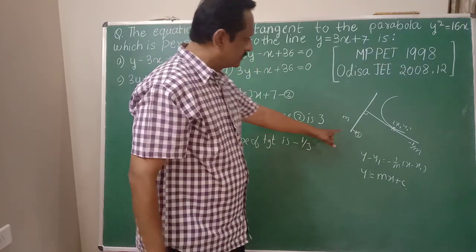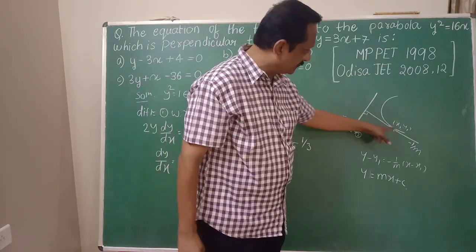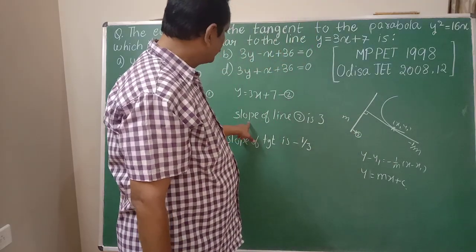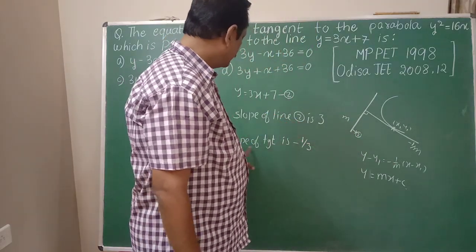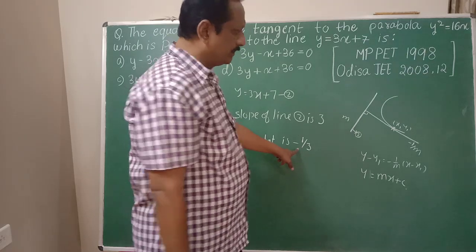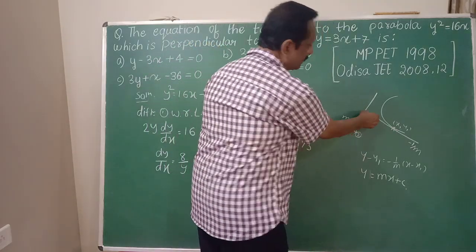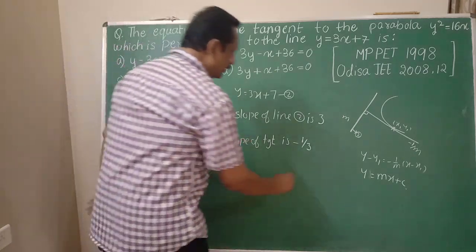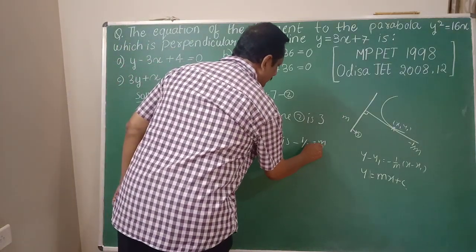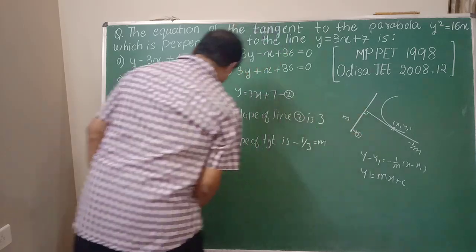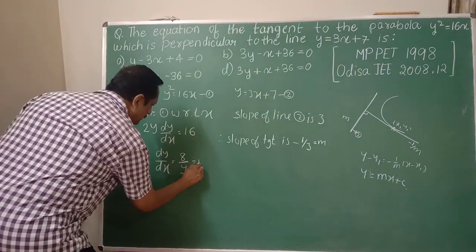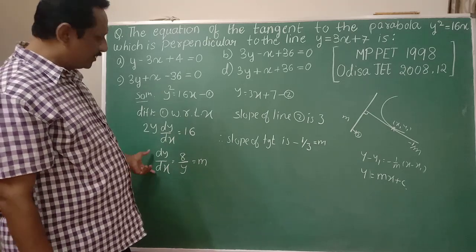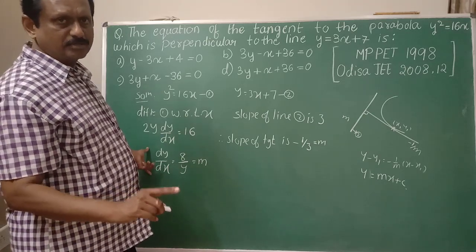So if m is the slope of the line, the slope of the tangent should be minus 1 upon m. As the slope of the given line is 3, the slope of the tangent is minus 1 upon 3, because both are perpendicular to each other. And dy upon dx always represents the slope of the tangent.